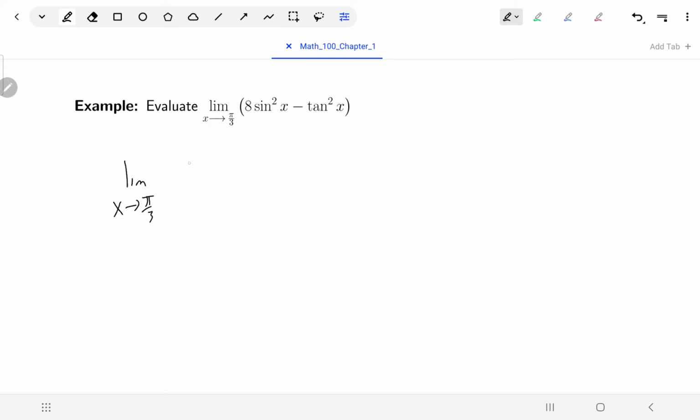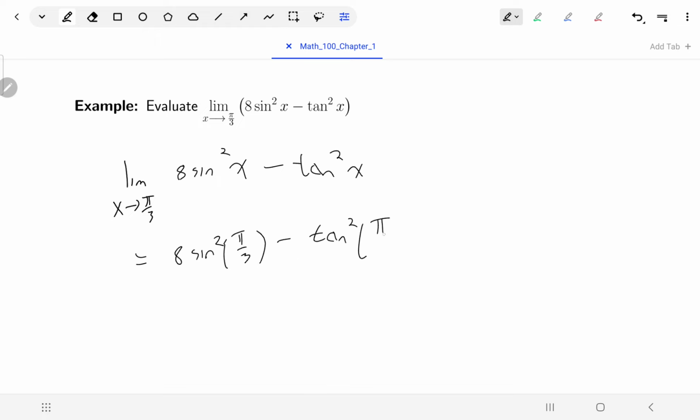And so I'm ready to go and say, well, I know sine squared of pi over 3 and tangent squared of pi over 3, that's what I would get when I find my limit. So I would have 8 times sine squared of pi over 3 minus tangent squared of pi over 3.